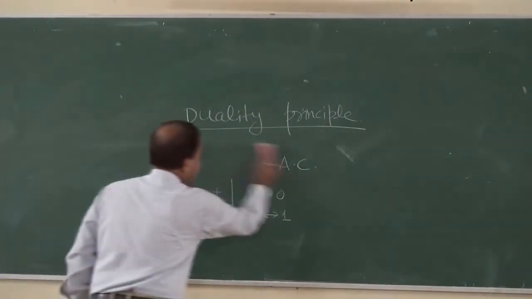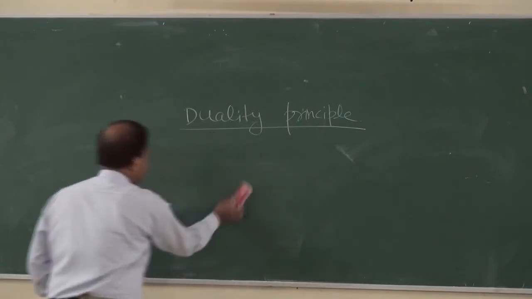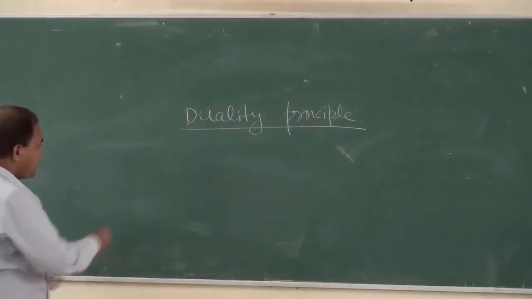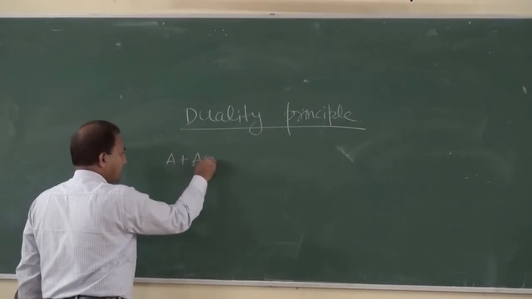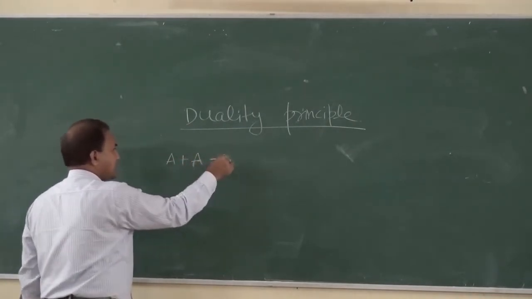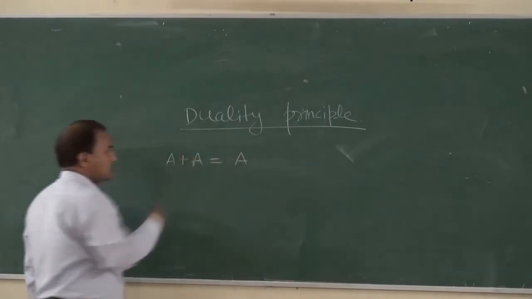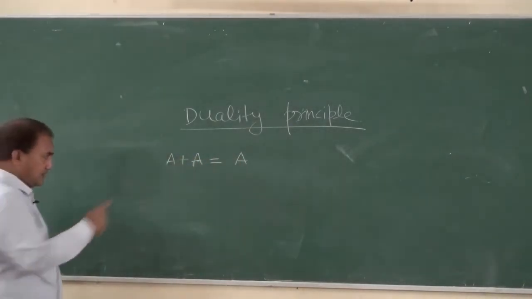Suppose you want to determine the dual of this. Suppose a plus a; you know a plus a is always equal to a. So what is the dual of this?